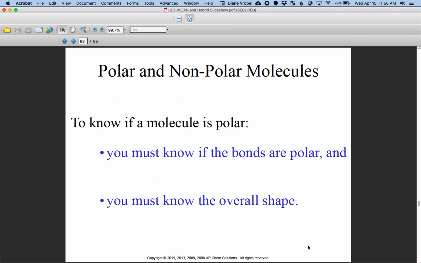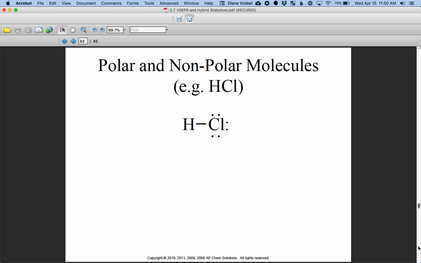Okay, so you have to determine whether a molecule is polar. The first thing is you need to have the presence of a polar bond. So a molecule is not going to be polar if it doesn't have a polar bond. And also with that, you also need to see whether the shape has an effect on polarity.